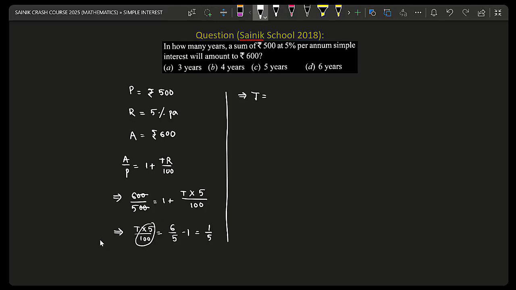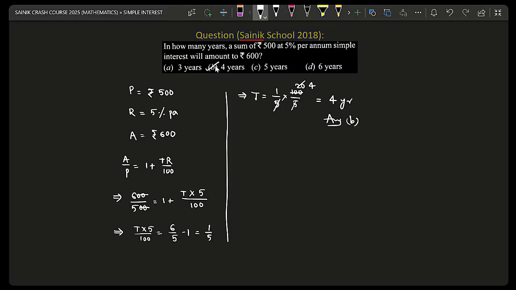When a fraction is transposed, what happens? Reciprocal. So 1 by 5 into 100 by 5. Now simplify. 5 fives are 25, 5 fours are 20. So 20 by 5 gives 4. That means the time period is 4 years. Which option? Option D.